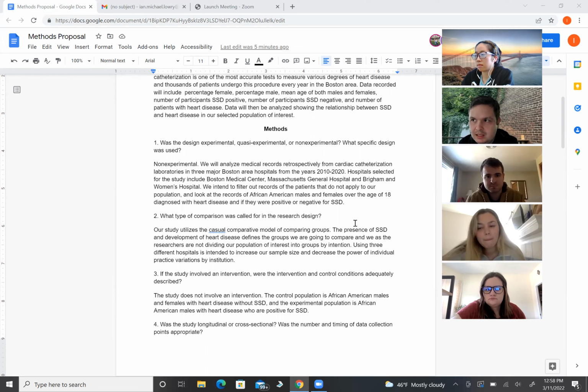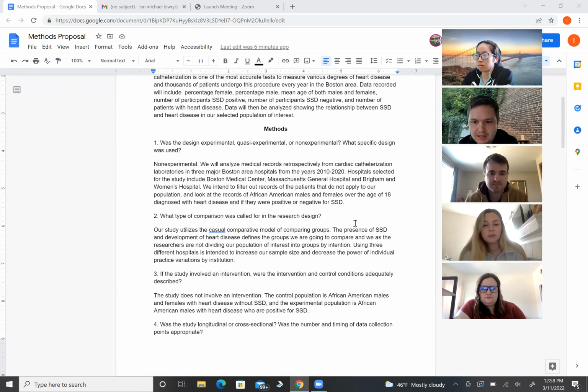Since we can't infect people with sickle cell disease, that's very unethical. This is just how people are sorted. We're not intentionally doing that as the researchers.